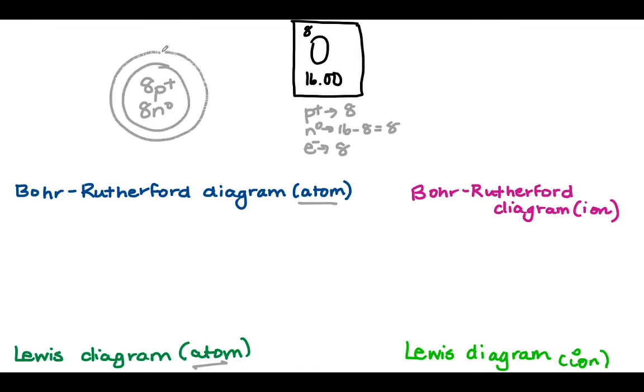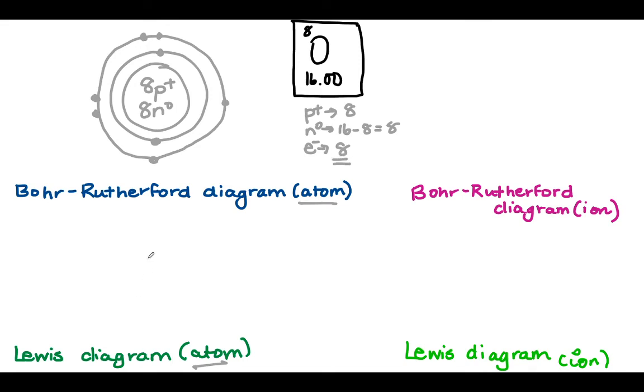In the first shell, you fit 2 electrons. And in my second shell, I can fit 8, but I'm only going to draw 6. That's because I want the total number of electrons to add up to 8. So I've drawn 6 electrons there on the outside, plus the 2 on the inside gives you a total of 8 electrons.